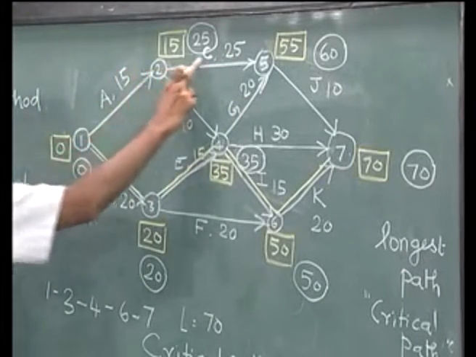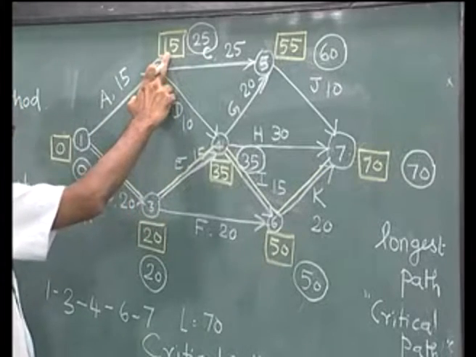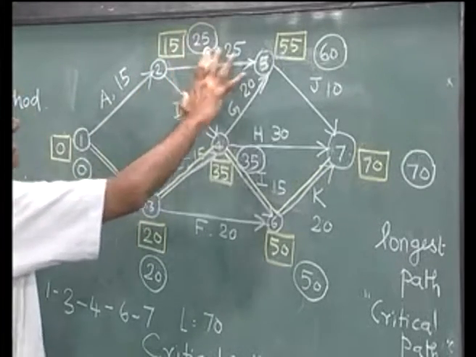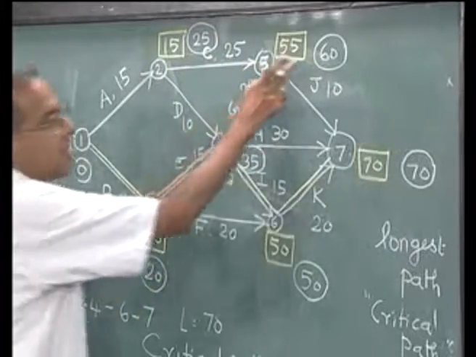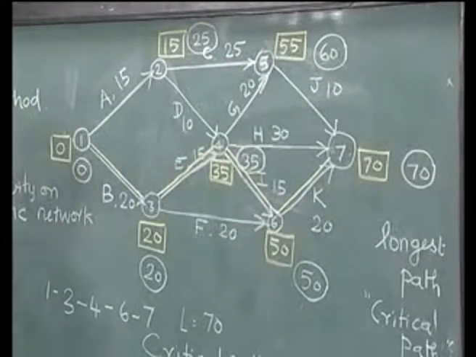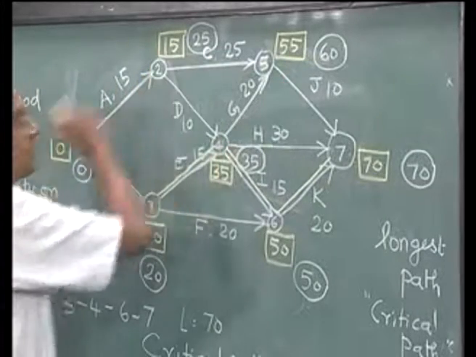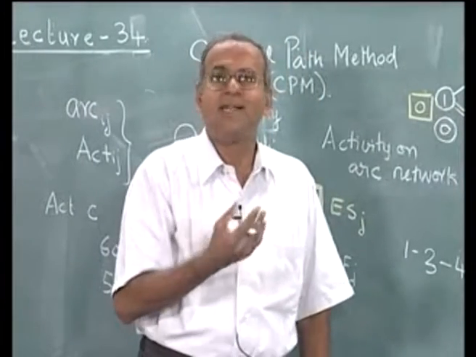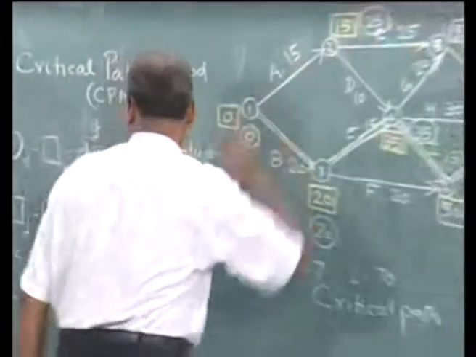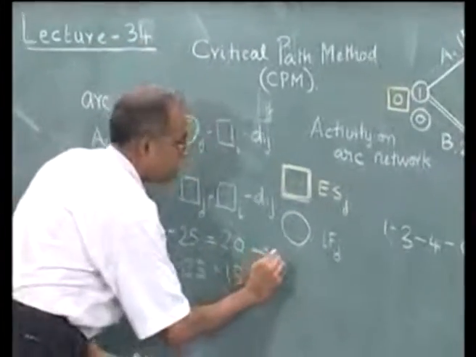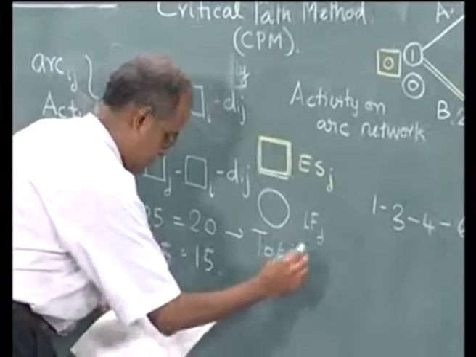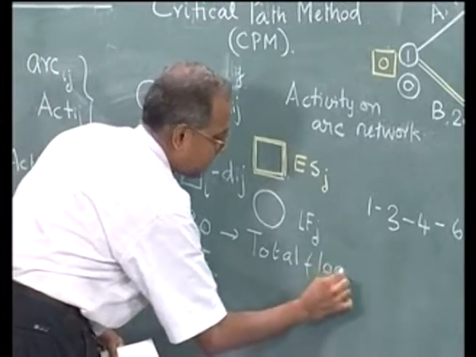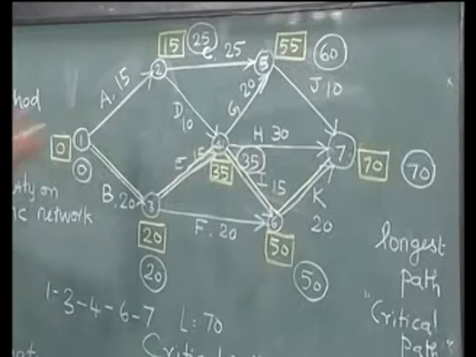If it is scheduled in such a way that it ends after 60, then the critical path will be affected. But within this buffer time of 45 time units, 25 is the duration required, so there is an excess buffer of 20 available. This 20 is called the total float associated with that activity.